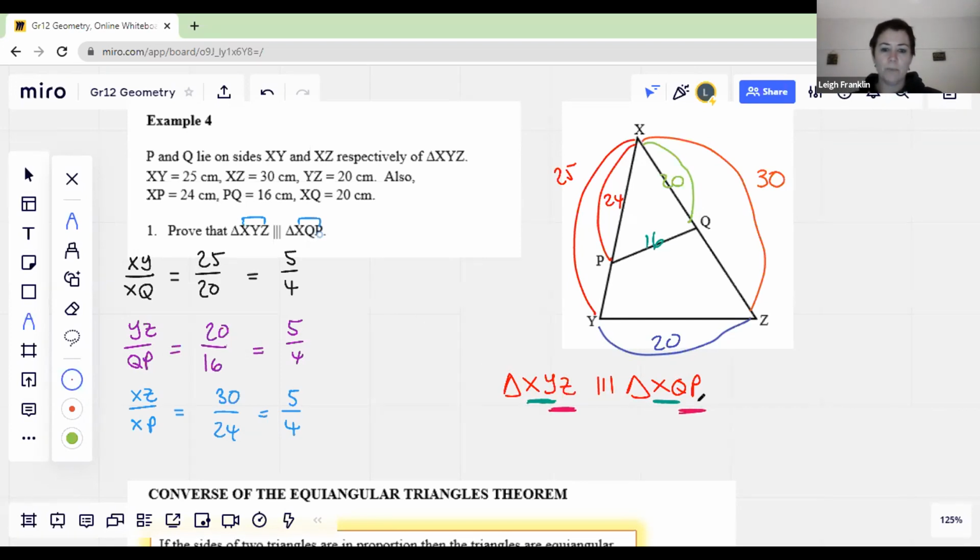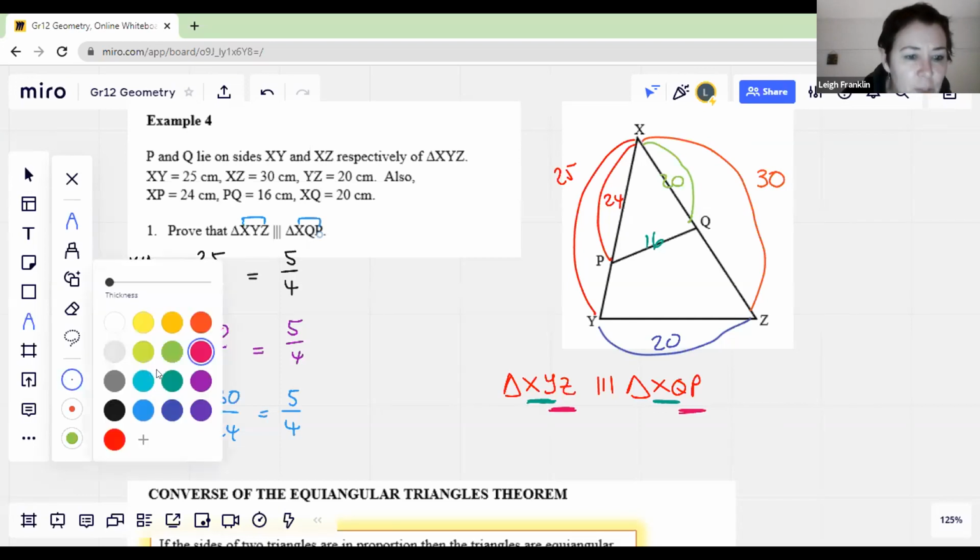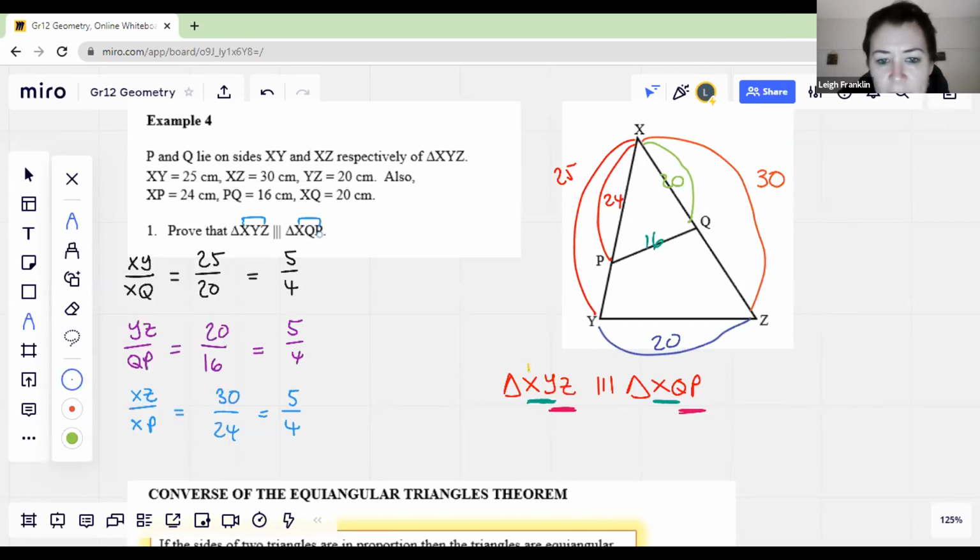Okay, look at what we wrote in purple. And then first and last, they are telling us that XZ over XP, that they are corresponding sides. Okay, yes, exactly. So when it's given, Nani, that is how you do it, all right?